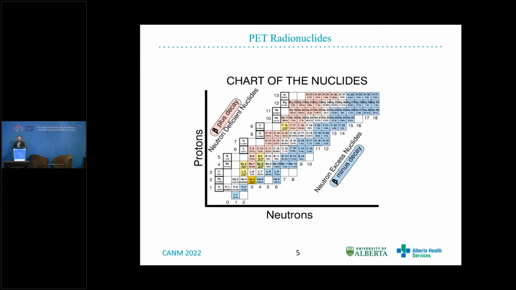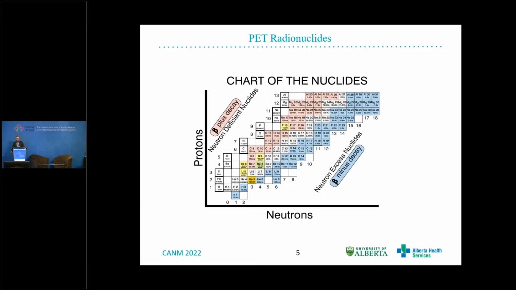Yeah, so this is the chart of nuclides. So for the positron emitters, which are neutron deficient, they are to the left of the line of stability, and a lot of these are produced using a cyclotron, because you're basically adding a proton into the nucleus, and often you push out a neutron or one or more neutrons.